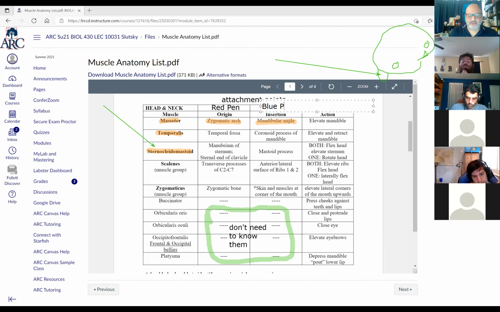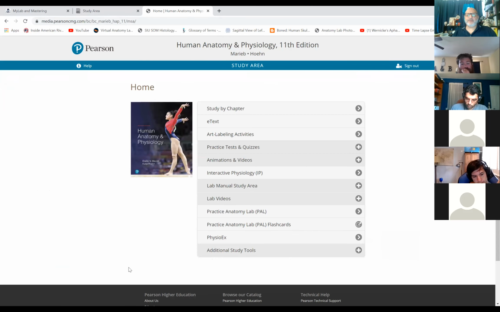Because by convention, origins are drawn in red and insertions are drawn in blue. So we're going to go through the muscles you need to know origins and insertions, and we are going to draw them together. But you don't have to wait for them to start studying them.